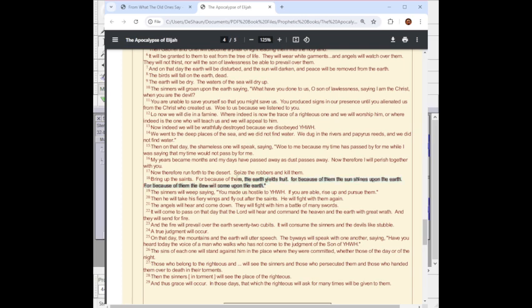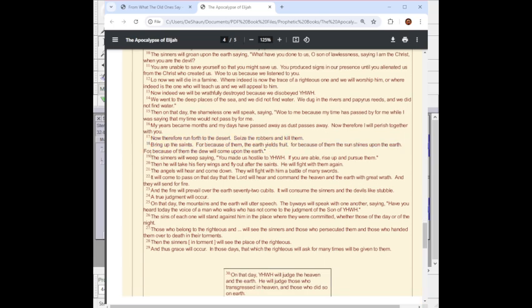That's what the lawless one is saying to the people, commanding them to try to find us and seize us and kill us. The sinners will weep and they will reply to him, you made us hostile to the Great Spirit. If you are able, raise up yourself and pursue them.